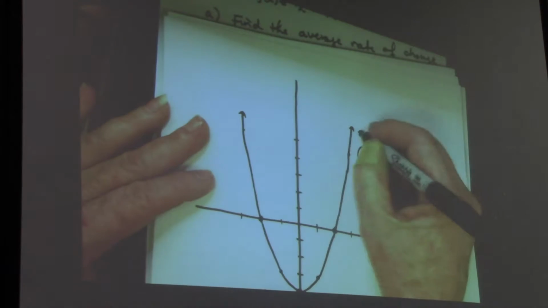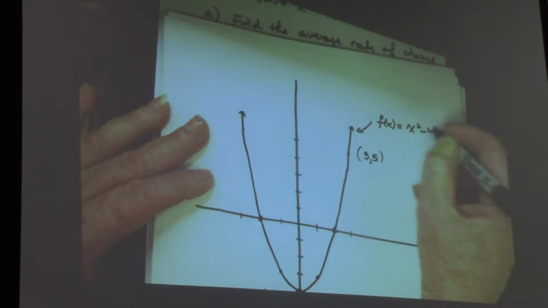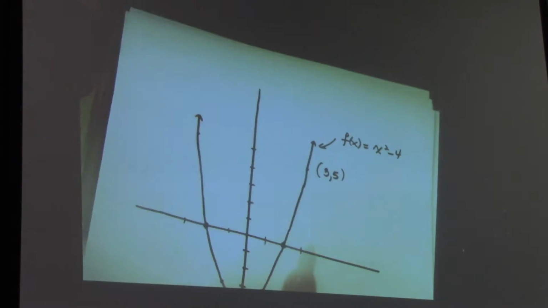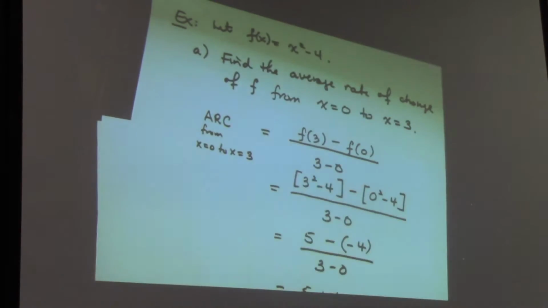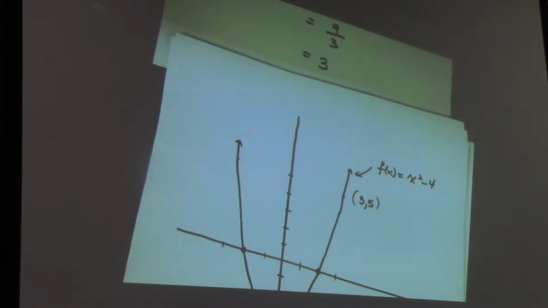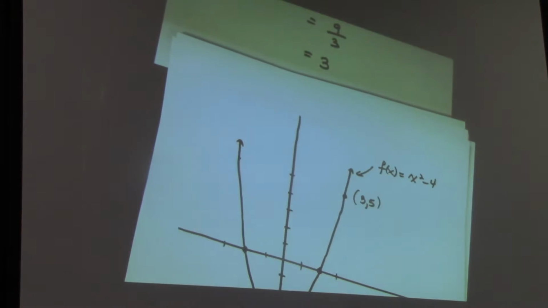Okay, so here's our graph of f of x equals x squared minus 4. Now, this average rate of change from x equals 0 to x equals 3, coming out to be 3, tells us what? So what does that 3 give us with respect to this graph?